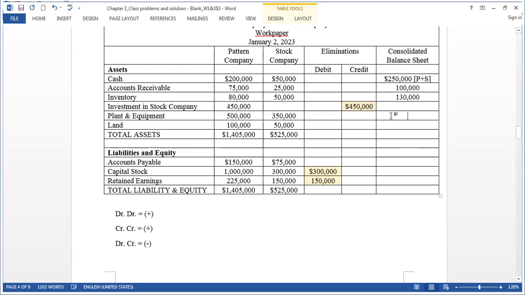Nothing is remaining here. Then we have $850,000. And if we add all assets together, parent and subsidiary, it is 1,480,000. So this is the total assets for parent and subsidiary.